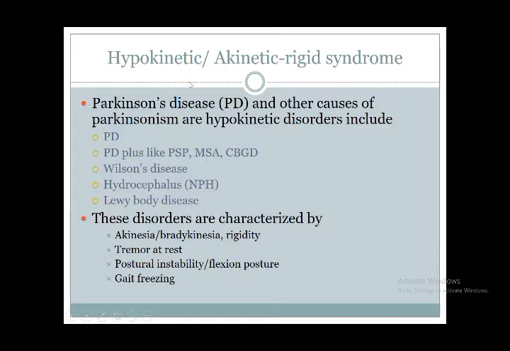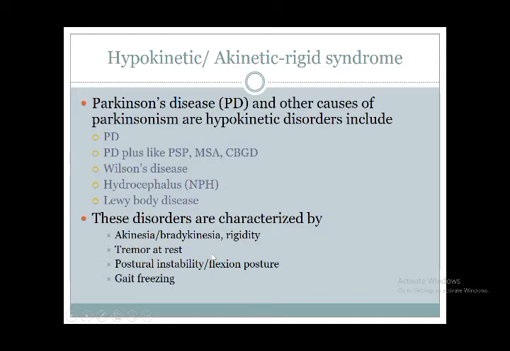The most important and well-known hypokinetic or akinetic-rigid syndrome is Parkinson's disease. Parkinson's disease and other causes of Parkinsonism include disorders like progressive supranuclear palsy (PSP), multiple system atrophy (MSA), corticobasal ganglionic degeneration, Wilson's disease, hydrocephalus, and Lewy body disease. These are examples of hypokinetic or akinetic-rigid syndrome.